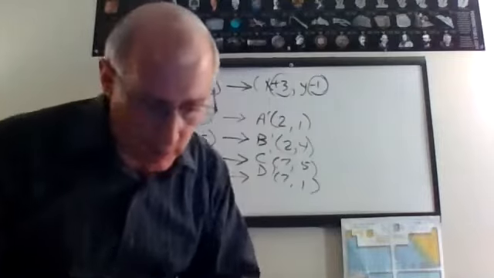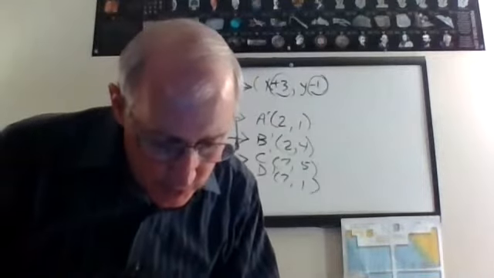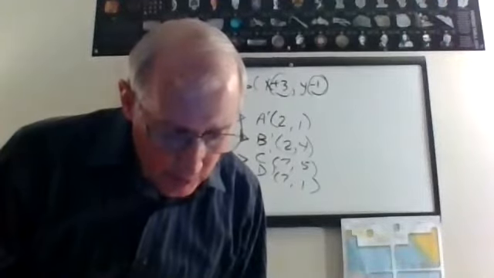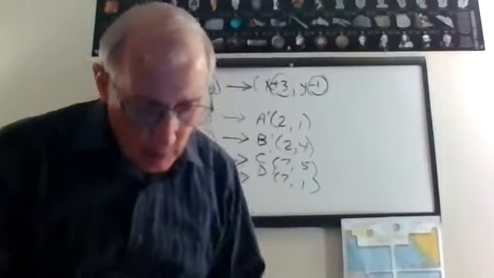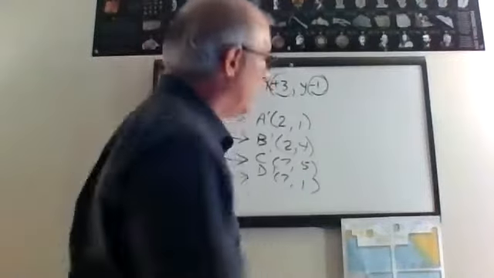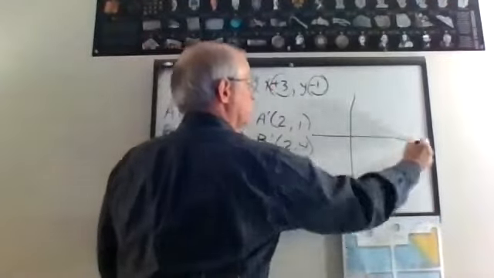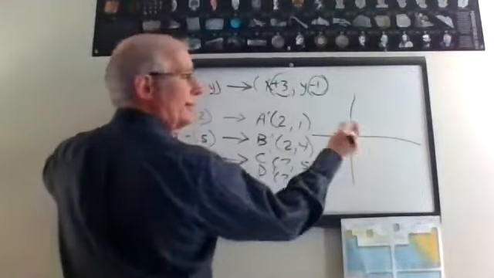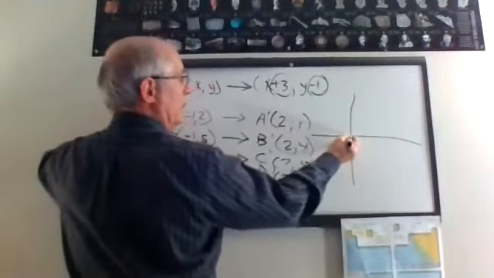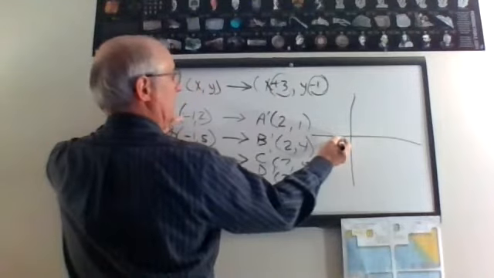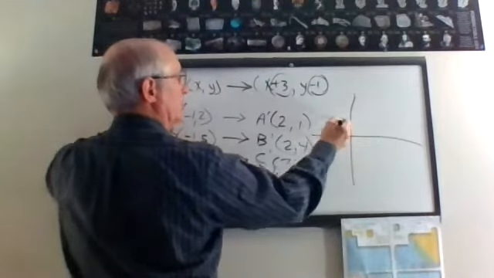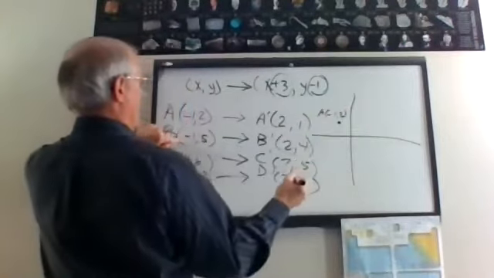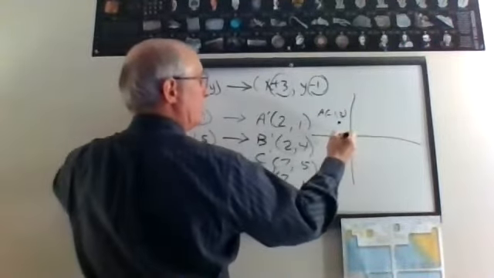So what does it say they want us to do? Graph the image using the prime notation. First graph the original. You can eyeball this stuff, come on. -1 and up 2. Boom. Point A. -1, up 5.